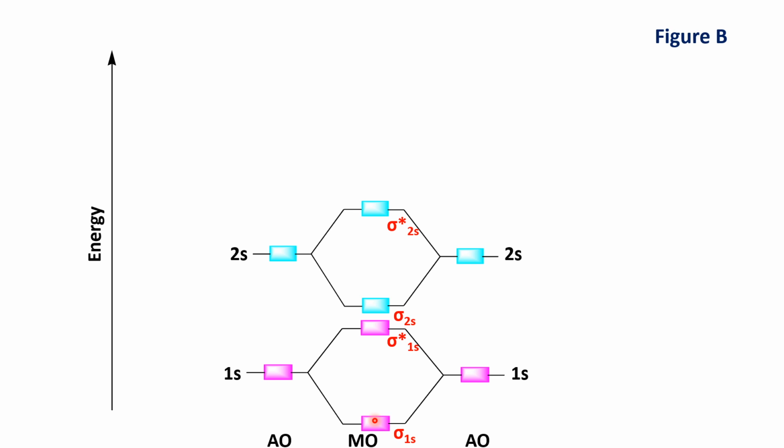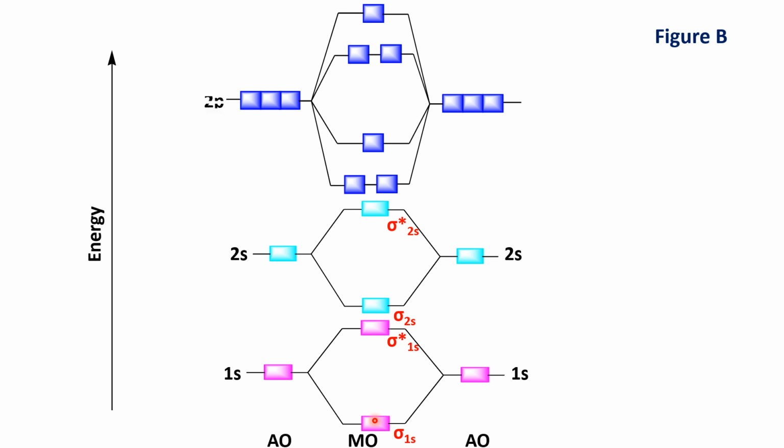And then thirdly we are having the diagram for the 2p. On one side we are having the 2p atomic orbital, and on the other side also the 2p atomic orbital. So in total we are having 6 atomic orbitals. As there are 6 atomic orbitals, it results in the formation of 6 molecular orbitals, right? Out of these 6 molecular orbitals, 3 will be bonding and 3 will be antibonding.